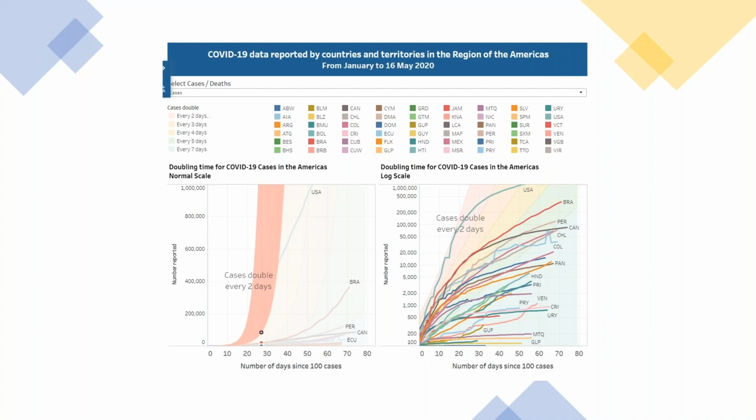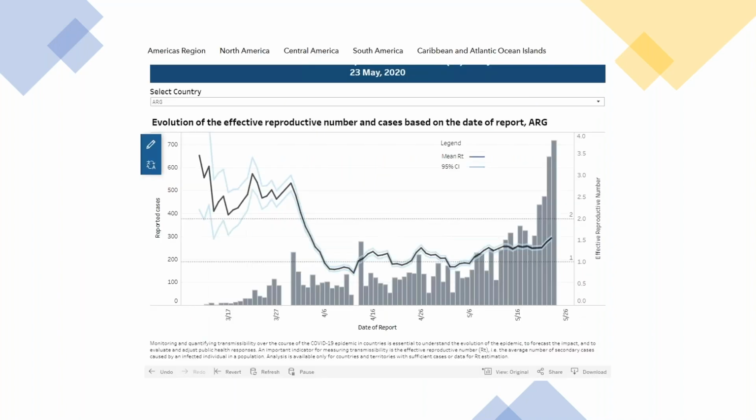Here we are seeing the doubling time of COVID-19 cases in the Americas in 2 types of scales: normal scale and logarithmic scales. And it shows how frequently the countries are doubling the number of cases.